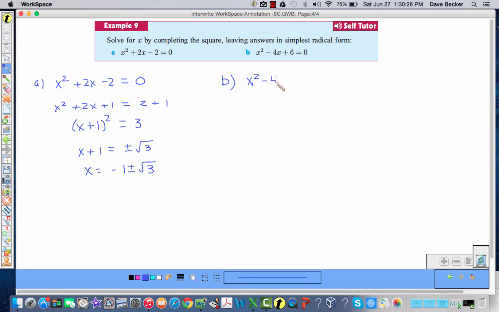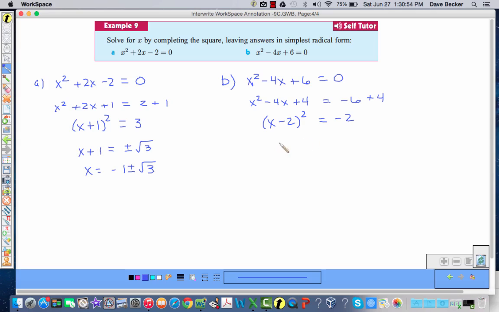X squared minus 4x plus 6 equals 0. We're going to get the constant over on the other side. That's going to be negative 6 then. Half of negative 4 is negative 2, and negative 2 squared is positive 4. So I'm going to add that to both sides. Then this factors beautifully into x minus 2, the quantity squared, and that's equal to negative 2.